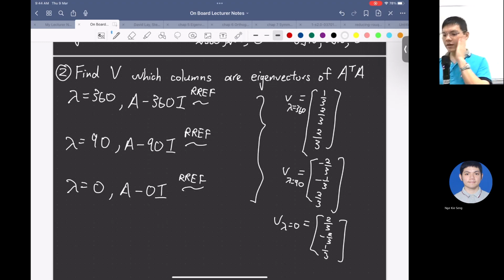You might ask, why are these v orthogonal? Just now we wanted v to be orthogonal, because we want to take the inverse as the transpose. So why are these eigenvectors orthogonal?